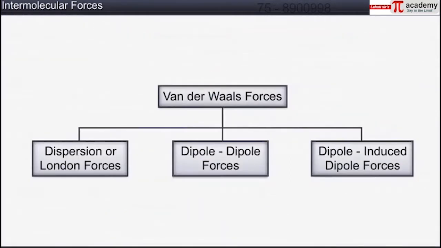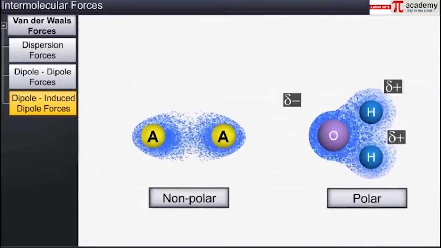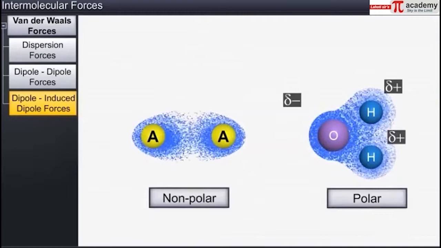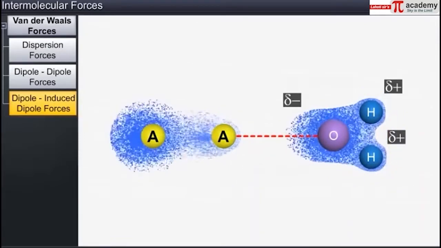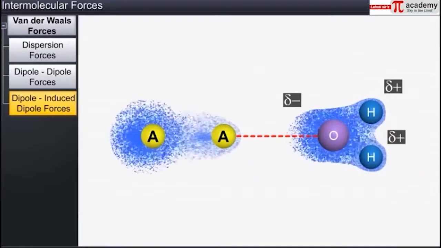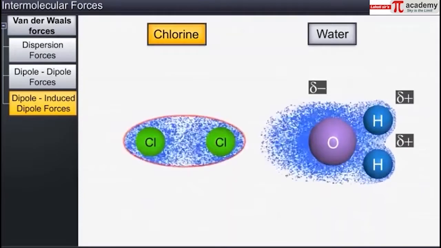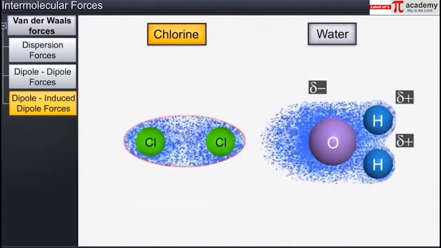The third type of forces are dipole-induced dipole forces. These attractive forces operate when a polar molecule with permanent dipole induces a dipole in a non-polar atom or molecule by deforming its electron cloud. Consider the nonpolar chlorine molecule brought in the vicinity of a polar molecule, such as water.